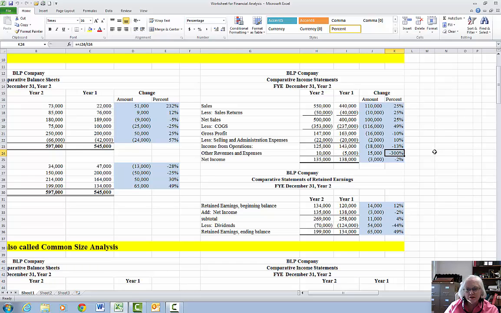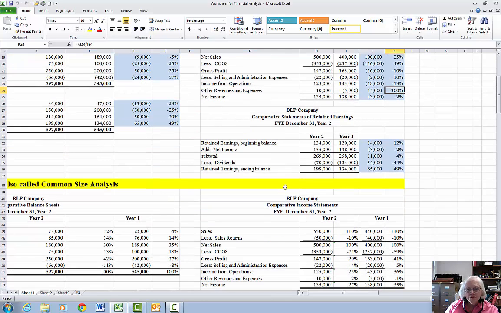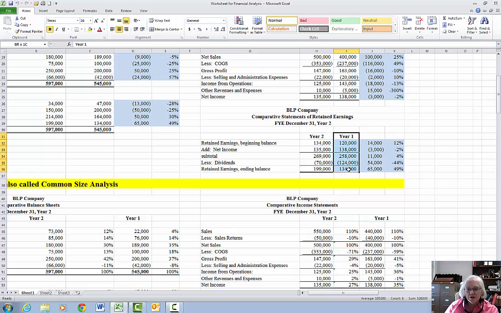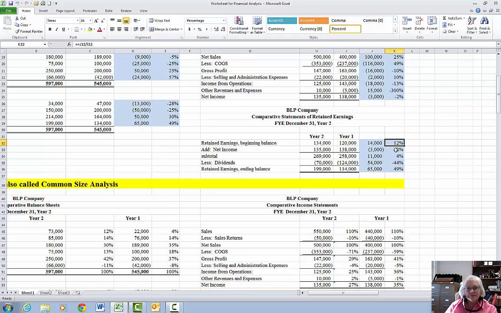For comparative statements of retained earnings, we've got year 2 and year 1. Again, the change is year 2 minus year 1. We increased by 12% because 14 divided by 120 will give you 12%.